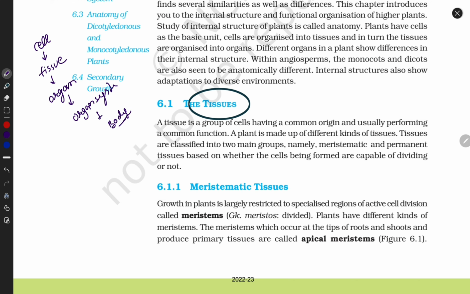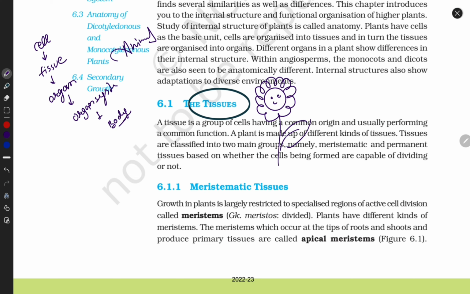It may be a plant's body, it may be an animal body. Is it clear, guys? In the previous video we already discussed animal tissue: epithelial tissue, muscle tissue, connective tissue, neural tissue. Now let's talk about flowering plants, meaning angiosperms.